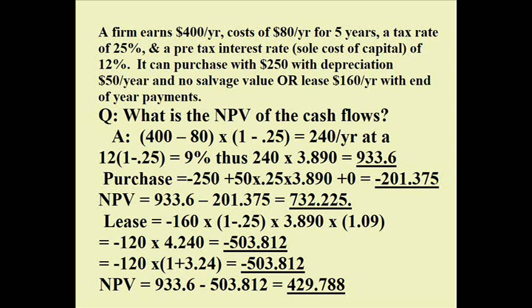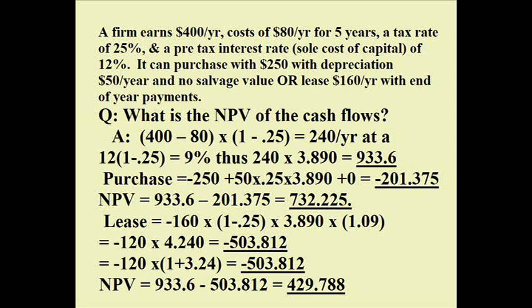We're using begin of the period. Well, that means let's go up a row, in this case not 5 but 4. Add 1, because the present value of $1 today is $1. We add them together, and guess what? We get the same factor. 1 plus 3.24 is 4.24, times again the minus 160, gives us minus again 503 and some change.